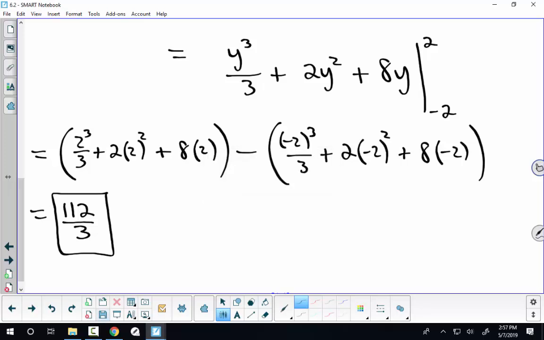On the test, will we be getting the graphs? Yeah, on the test I'll give you the graphs, I won't give you the intersection points.